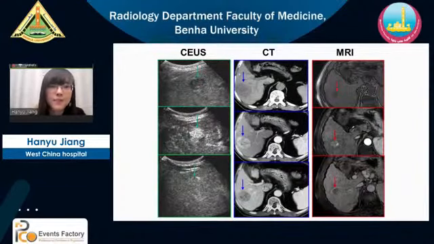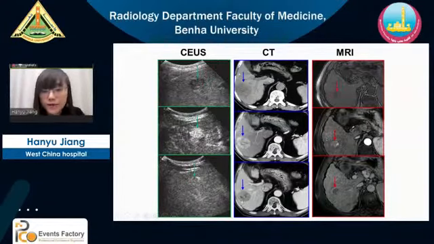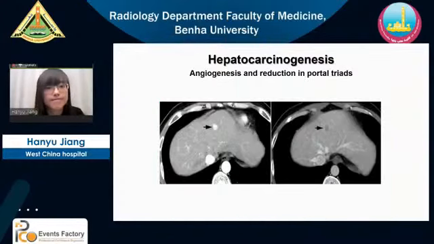So here are some contrast-enhanced ultrasound, computed tomography, and MRI images of typical HCC. As we can see, the mass demonstrates arterial phase hyperenhancement and also portal venous washout, which are attributable to the hemodynamic changes that we have just talked about.